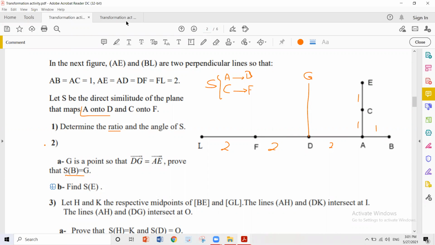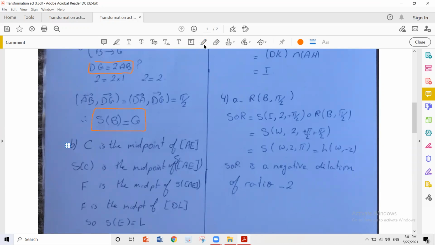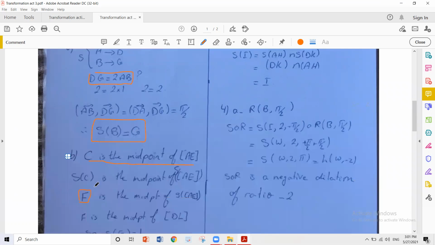So S of C will be the midpoint of S of AE. S of C is F, given. So F is the midpoint of S of AE.